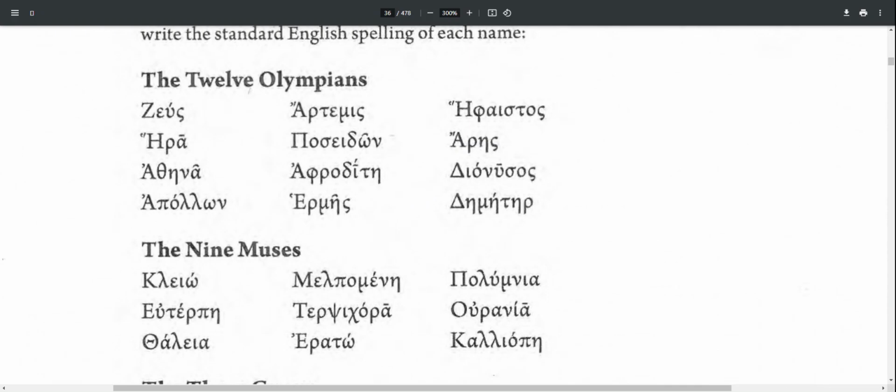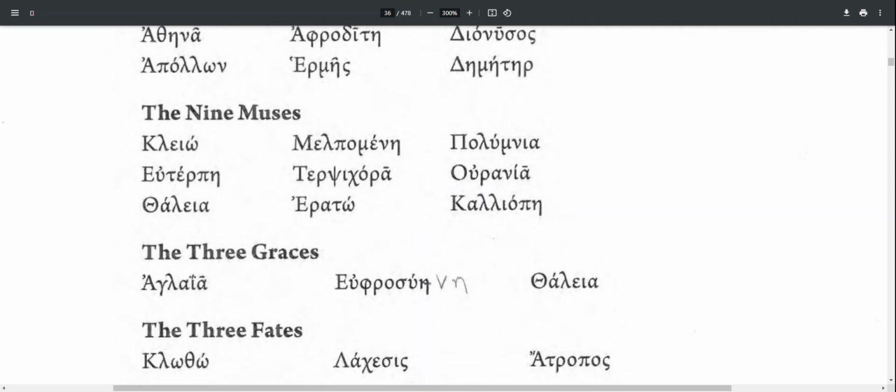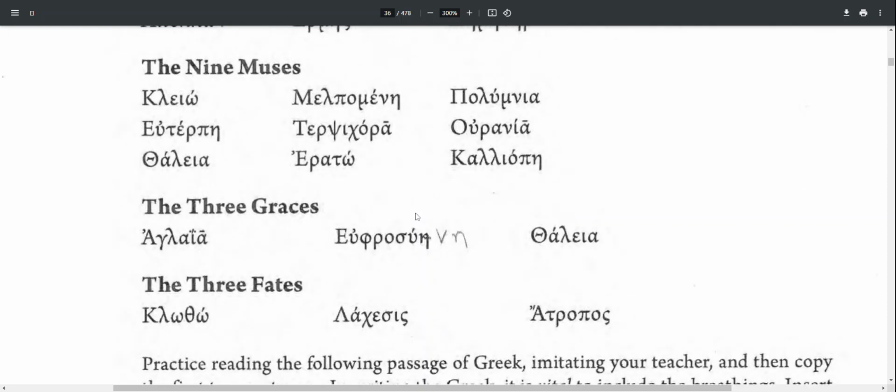The nine Muses: Cleio, Euterpe, Thalia, Melpomene, Terpsichore, Erato, Polymnia, Urania, Calliope. The three Graces: Aglaia, Euphrosyne, Thalia. The three Fates: Clotho, Lachesis, Atropos.